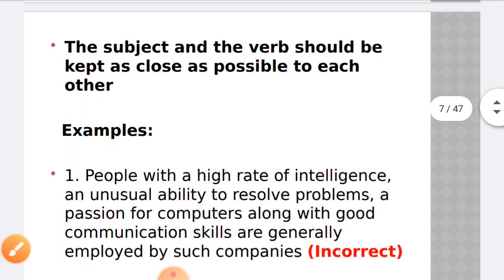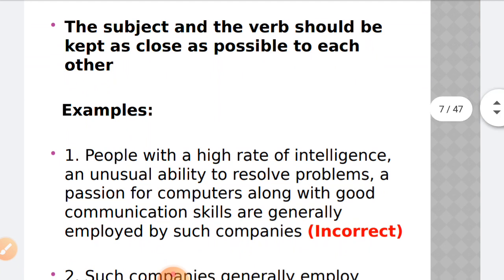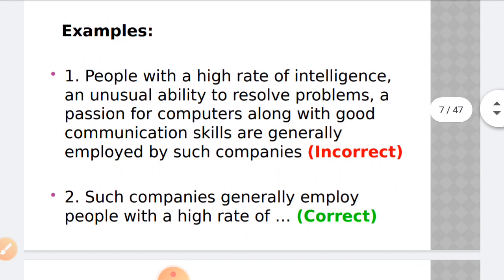The subject and the verb should be kept as close as possible to each other in a sentence. Let us consider these two sentences now. Sentence 1: People with a high rate of intelligence, an unusual ability to resolve problems, a passion for computers along with good communication skills are generally employed by such companies. Whereas the same sentence can be written with a different kind of word order.